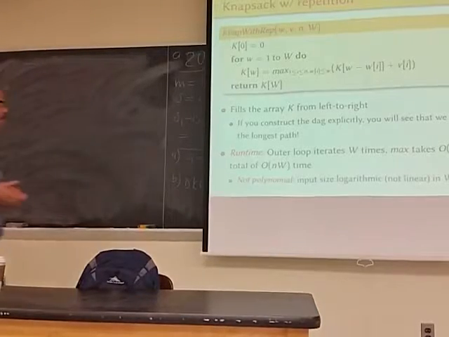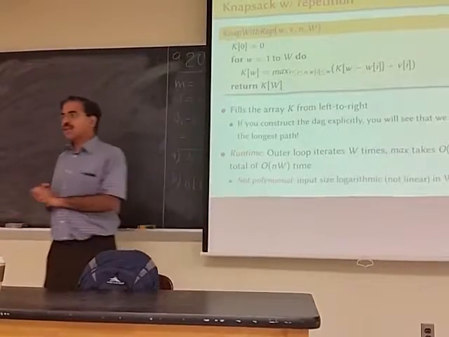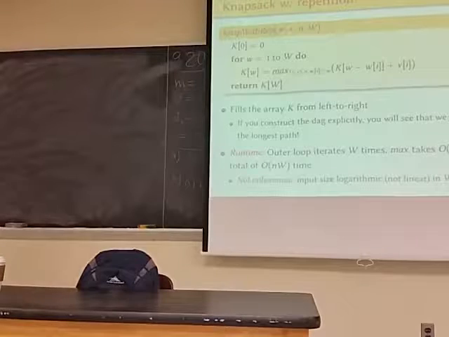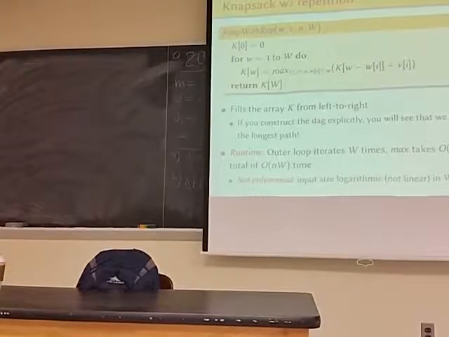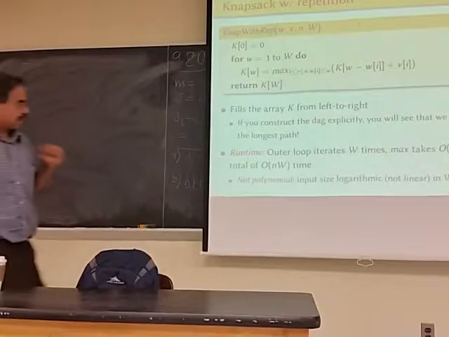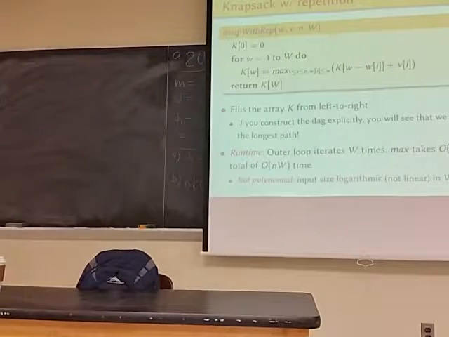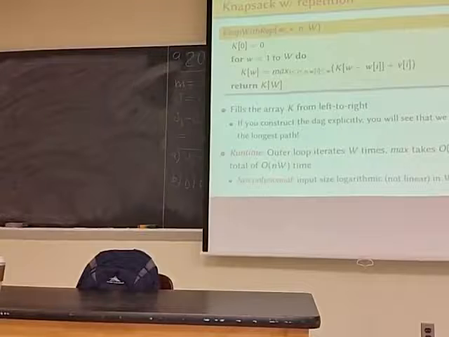And not surprisingly, the algorithm we have for computing the longest path in this graph is actually exponential. Because if you think about the size of this graph, it's not this graph, but if you look at the original problem size, that's actually quite small.